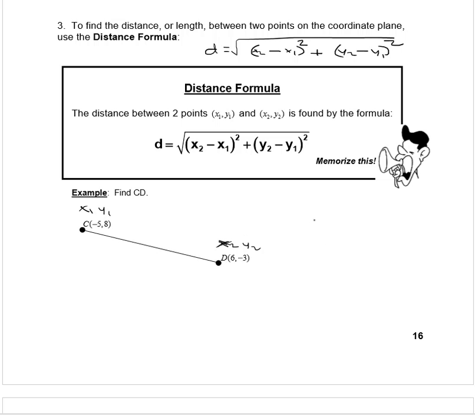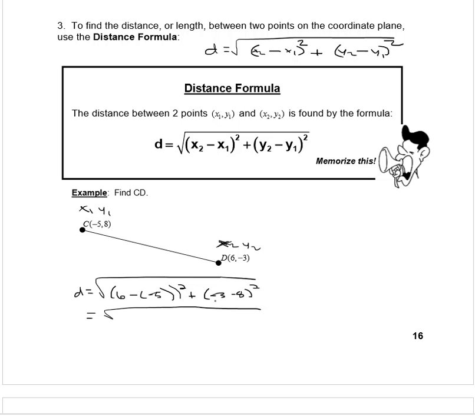Okay. So plug it into the formula. So d equals the square root of x2 minus x1. So 6 minus a minus 5. So all that's squared plus negative 3 minus 8 squared.